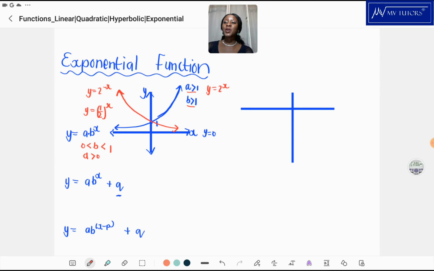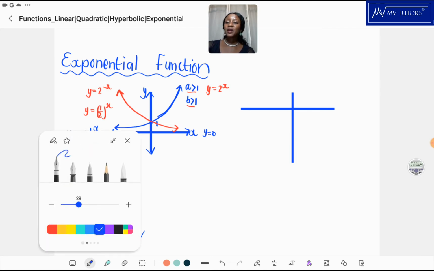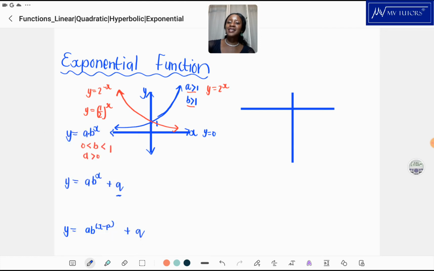So that is when you have a as a positive. But now, what if you have a as a negative? This is your y-axis, your x-axis. Remember you had a function like this before, but now it's going to be different. You're going to have a function like that, where again it passes through negative 1.